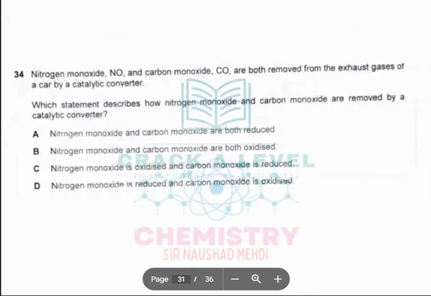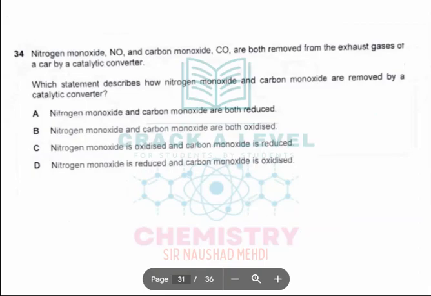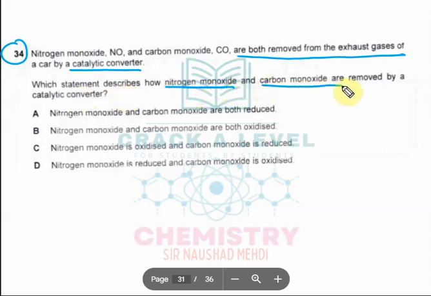In this it is saying that the nitrogen monoxide and carbon monoxide are both removed from the exhaust gases of the car by a catalytic converter. Which statement describes how the nitrogen monoxide and carbon monoxide are removed by the catalytic converter?